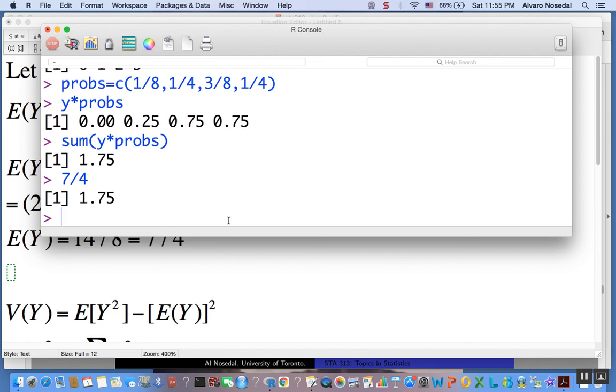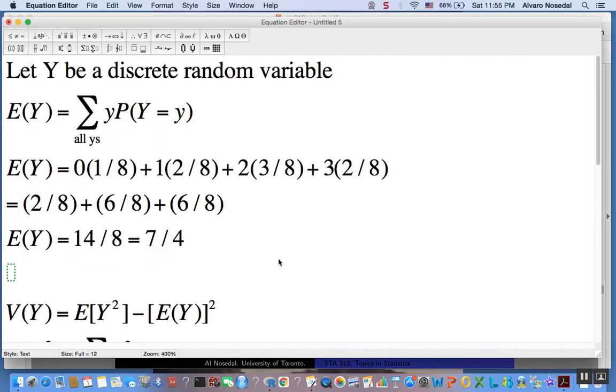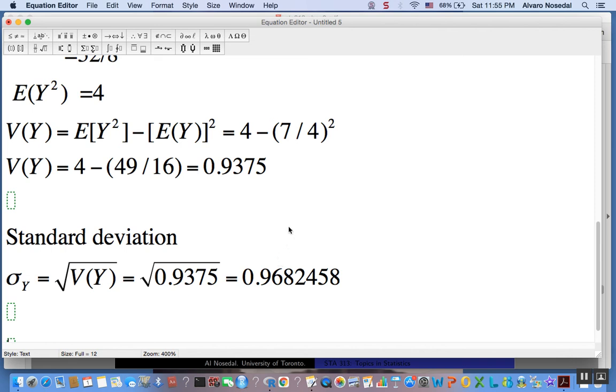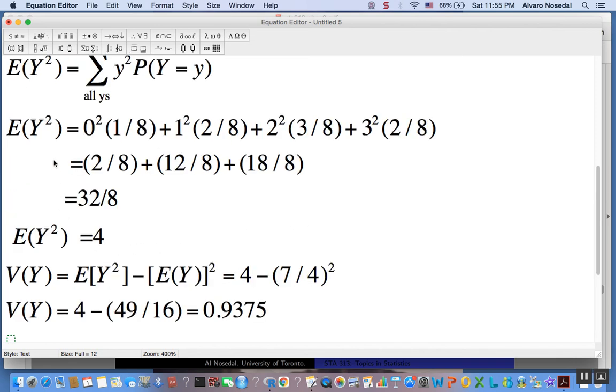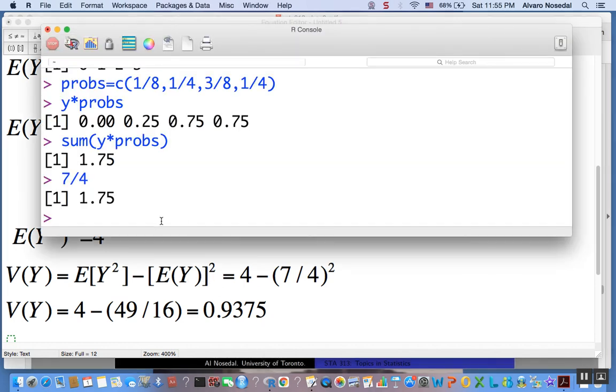Okay. Now the variance, how did we find the variance? What we did is we found first the expected value of y squared, and then we subtracted the expected value of y, squared. Okay, so let's find the expected value of y squared.